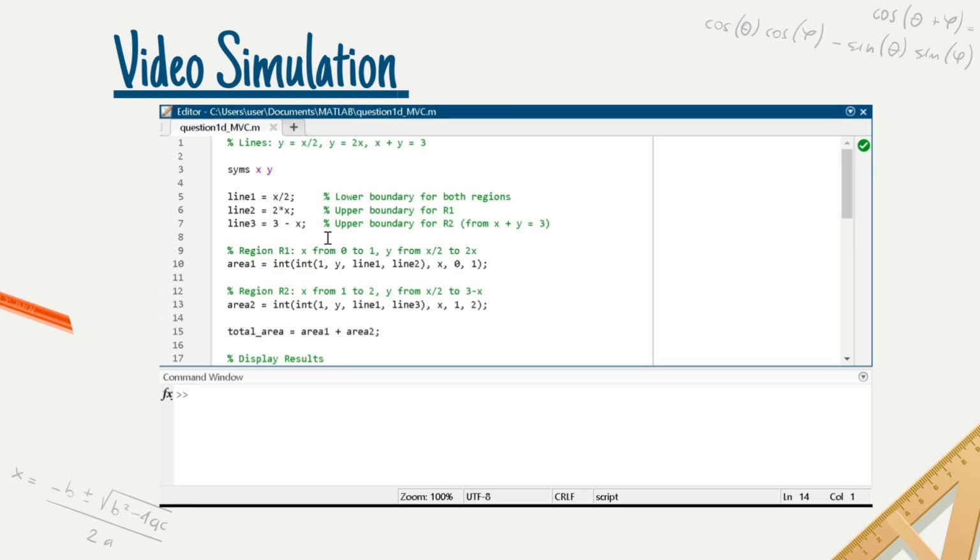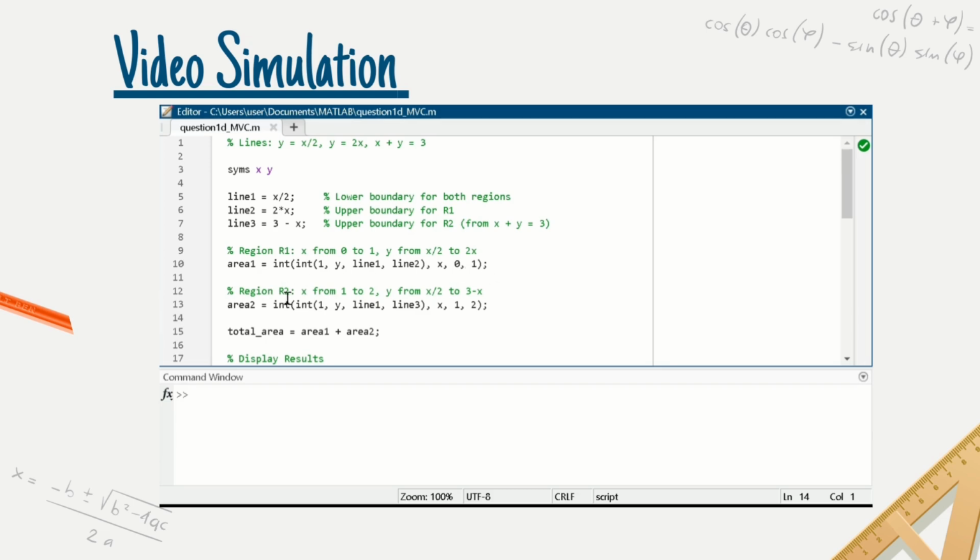The core logic of the code follows the two-region approach from our manual solution, because the upper limit of the region changes at x equals 1. We use two separate int commands. For region R1, we nest the integrals, calculating x from 0 to 1 and y from x over 2 to 2x.